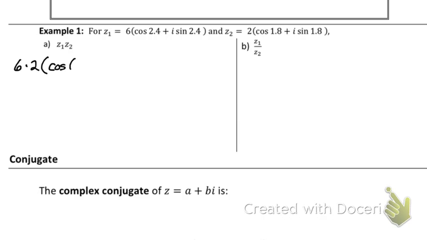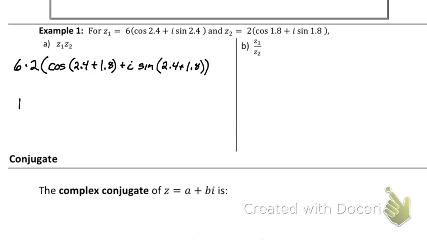our cosine of 2.4 plus 1.8. It's our two thetas added together. Plus I times sine of, once again, our two thetas added together, 2.4 plus 1.8. Close those parentheses off.